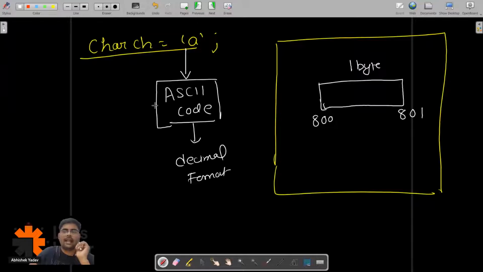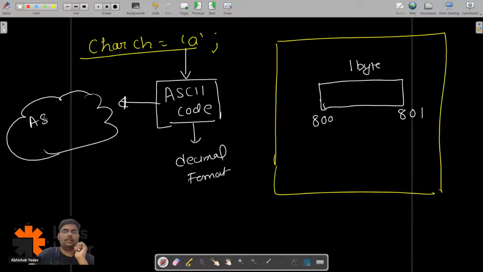After that, how does this character get the ASCII code? From the ASCII table. From the ASCII table we get the ASCII code corresponding to the character. For 'a', the ASCII code is 97.